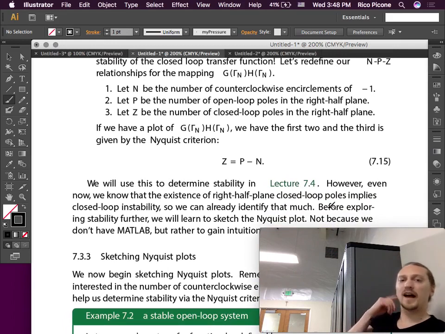However, even now, we know that the existence of right half plane closed loop poles implies closed loop instability, right? So we can already identify that much.